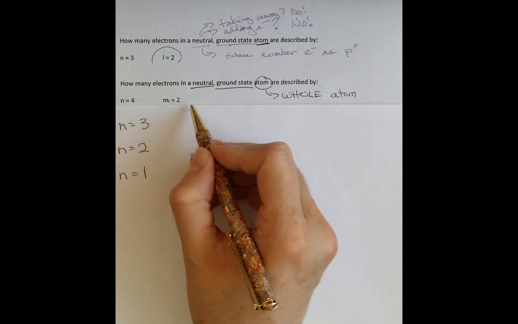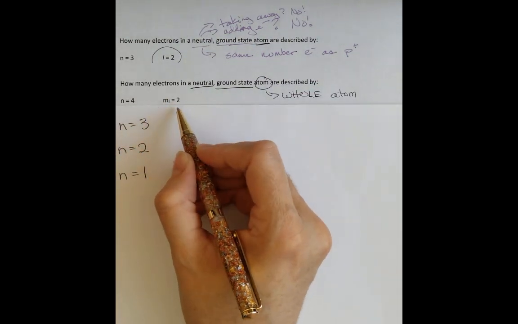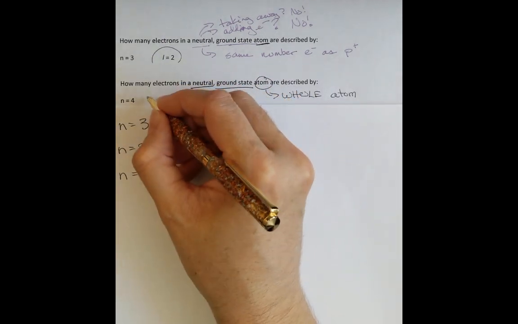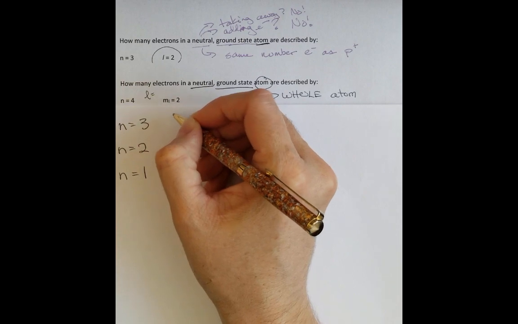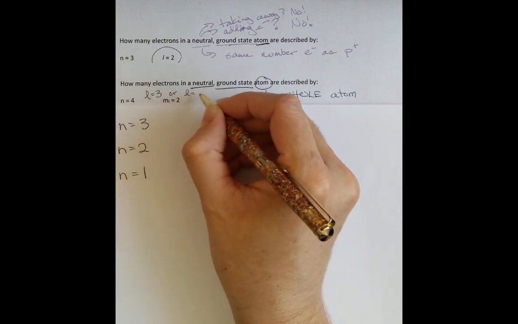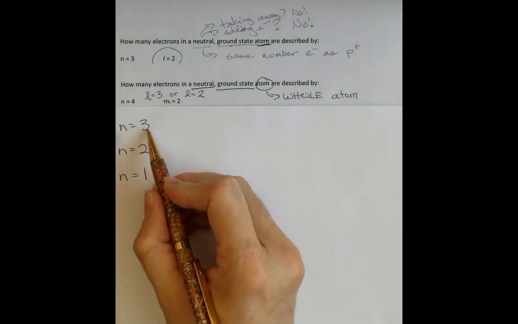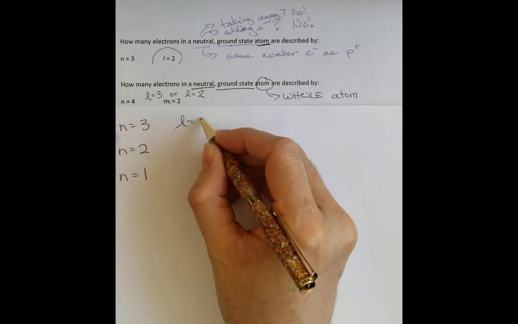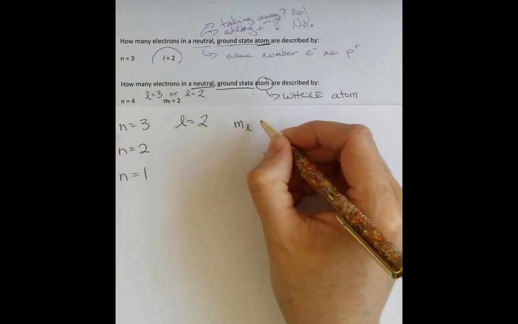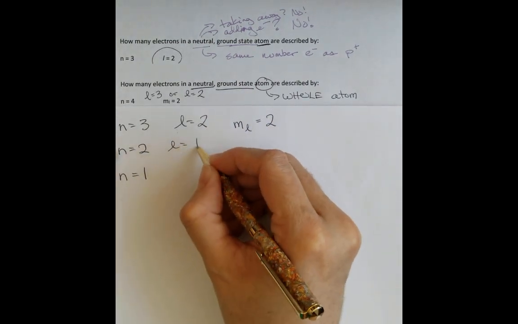But again, we know that m sub l is equal to 2, and this also means that since m sub l is equal to 2, this is going to be an L equal to 3 or an L equal to 2. Both of those cases will hold. So in that case, we can still have an L equal to 2 and an n equals 3, but not in any of these other ones.